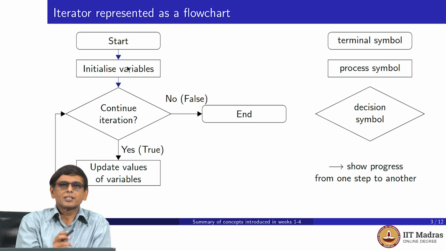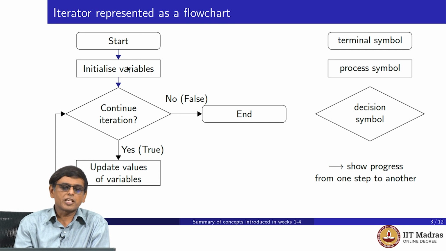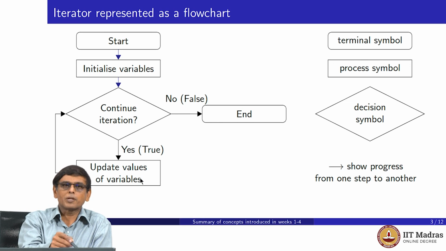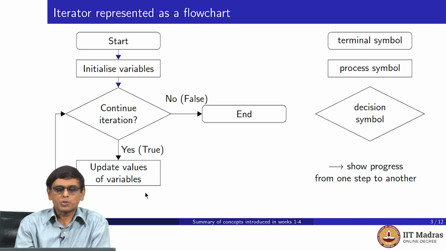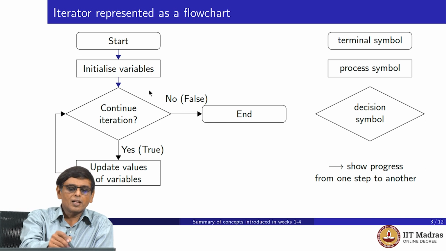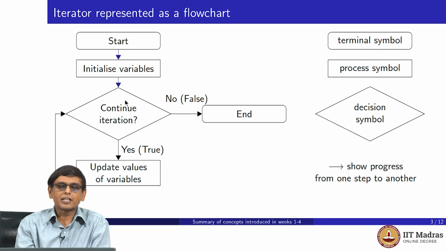A box with a rounded corner is a terminal symbol. For doing something with the variables, when we use assignment statements to initialize the variables or to update their values, these are written in square boxes and are called process steps. So, the symbol for process is a square box. In the middle you have these diamond shaped boxes which we use to make decisions.